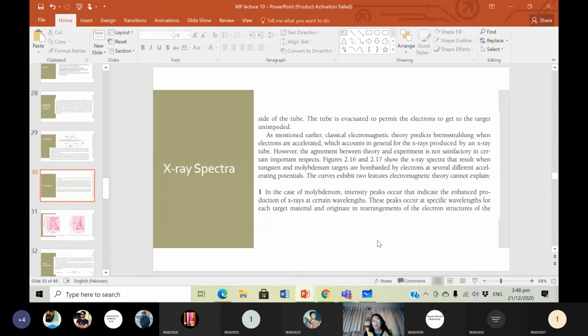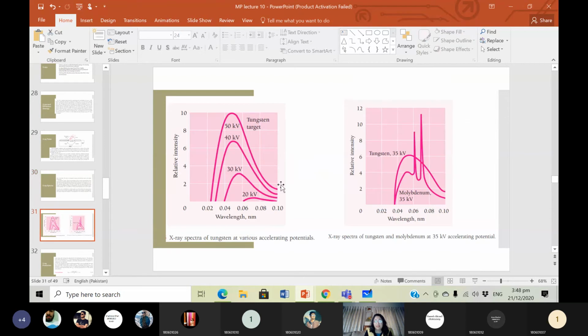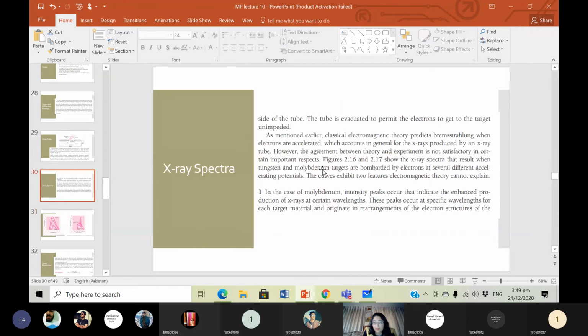These scientists did an experiment with two metals, one is tungsten and one is molybdenum, okay? Molybdenum is a particular kind of metal, and we're bombarding electrons onto these two different targets at several voltages. We're just applying different voltages.